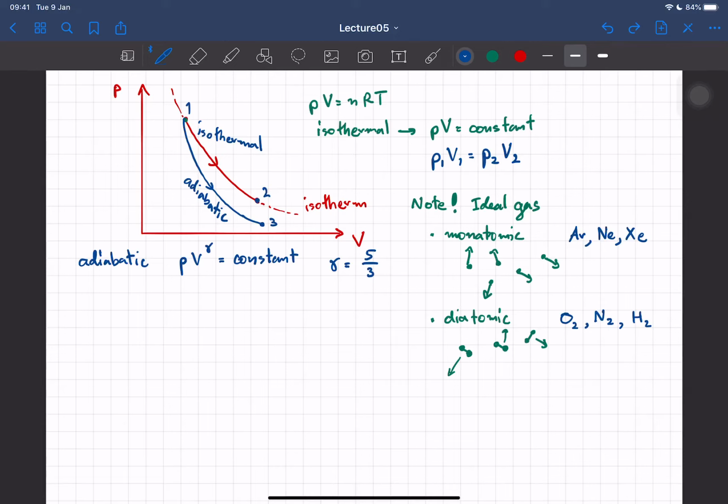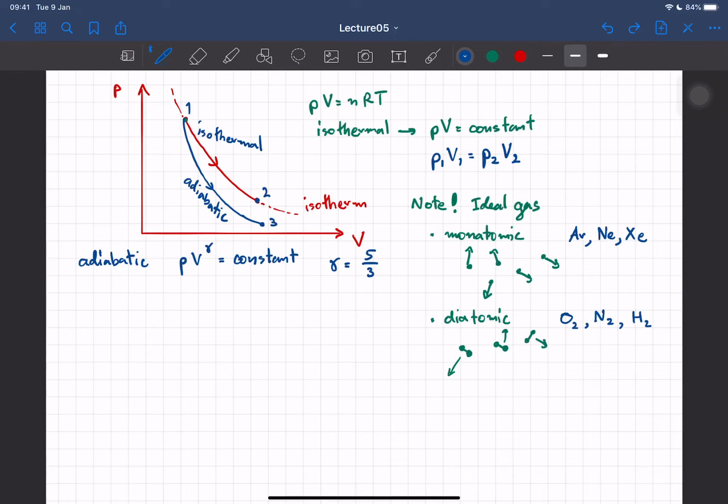And what we are talking about in this class, exclusively, is monatomic gas because this is the simplest to calculate and talk about. So what's the difference when you have diatomic gas? Well, if you have a dumbbell, then you must talk about the rotational energy.